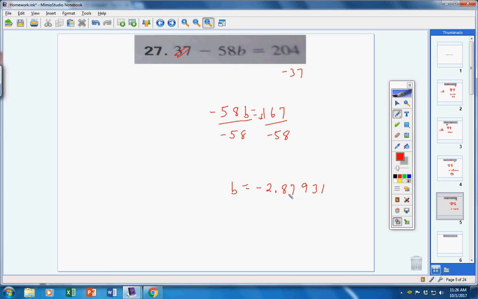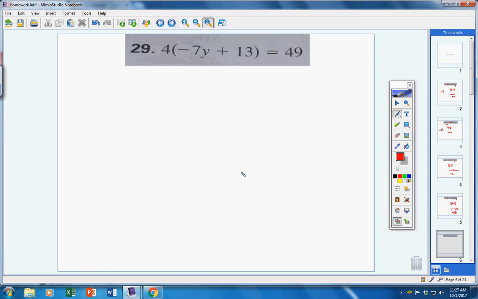But go to the third decimal place right here. This 9 tells you to raise the 7 to an 8, so your answer is negative 2.88. All right.